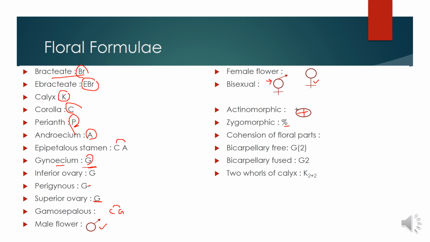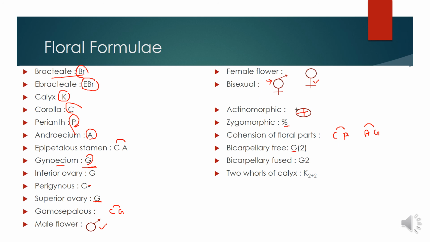If there is a cohesion of parts, then if calyx is attached to androecium, it will be written like this, or like this type of. If androecium is attached to the gynoecium at the base, then it will be written like this.